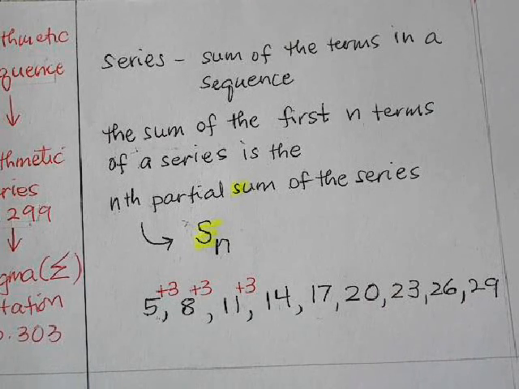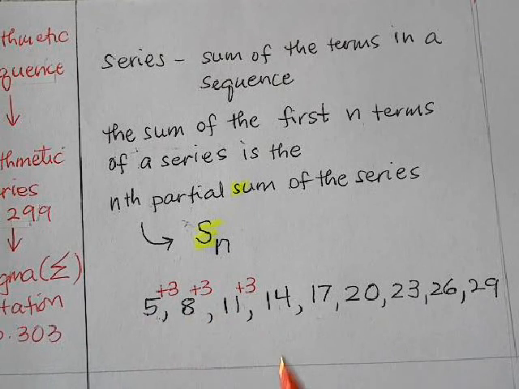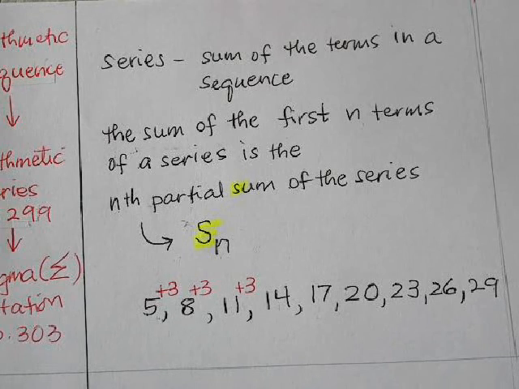I hope you worked on it. The answer is 153. That's a little bit long but still doable. But what if I ask you to find S sub 1000? Meaning you continue this up to the 1000th term and give me the sum.